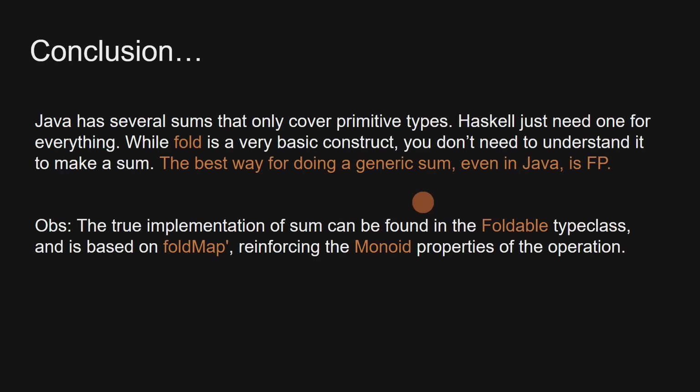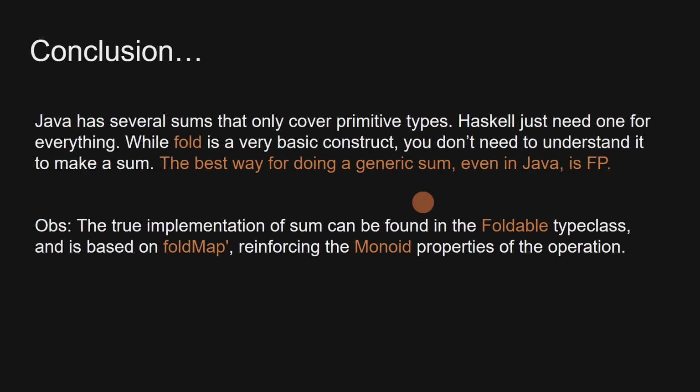So, as a little conclusion, Java has several sums that only cover primitive types. Haskell just needs one for everything. And while fold is a very basic construct, you don't need to understand it to make a sum, because you have a sum method that just works. You don't need to peek inside of it.